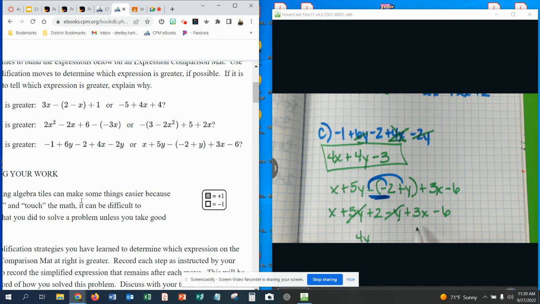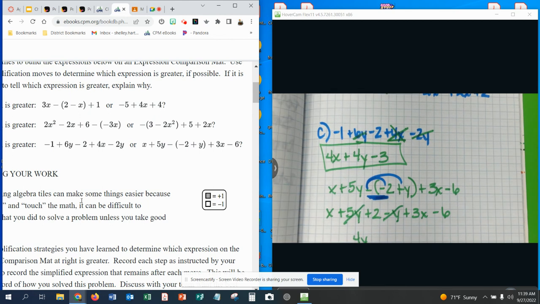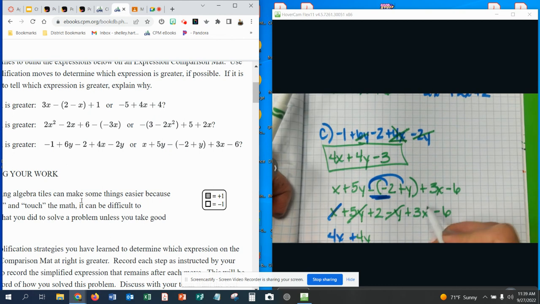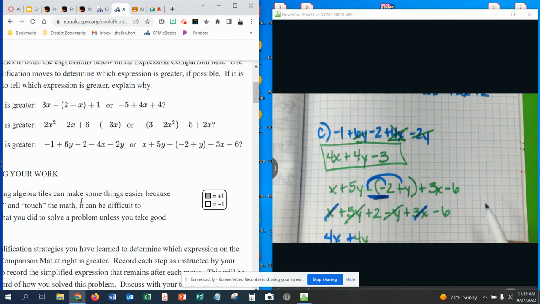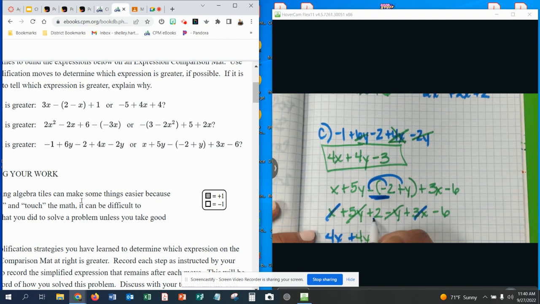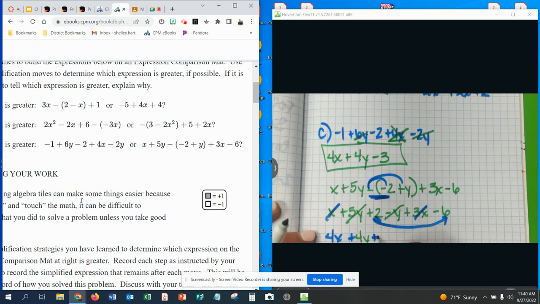What do we got? Prez. Perfect. So now we have 4x plus 4y. So these are gone. All right, we have one last one. Go ahead. Negative 4. Good. Yes, because the 2 and the negative 6 go together, so it is minus 4.